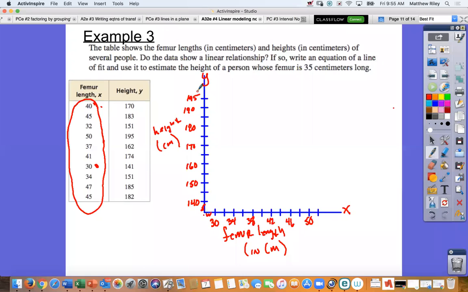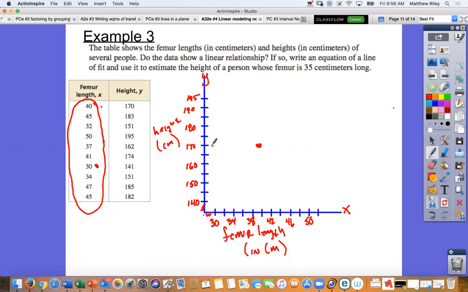All you have to do is plot the point. So when x is 40, y is 170. So 40, 170 looks like it's about here. By the way, doing this by hand, while it's decent, this is kind of a best guess. We're talking about line of best fit. This is not an exact science. So somebody's like, well, shouldn't you move it over a little bit? Yeah, probably should.